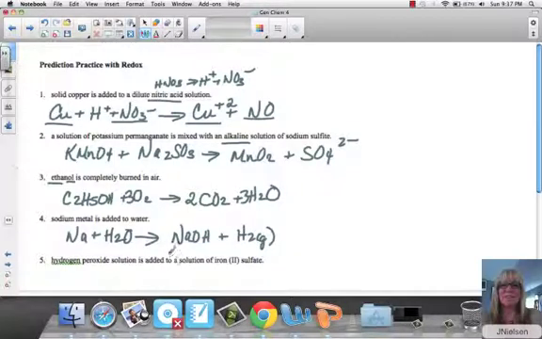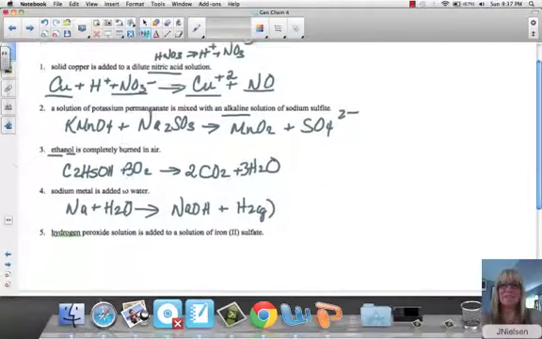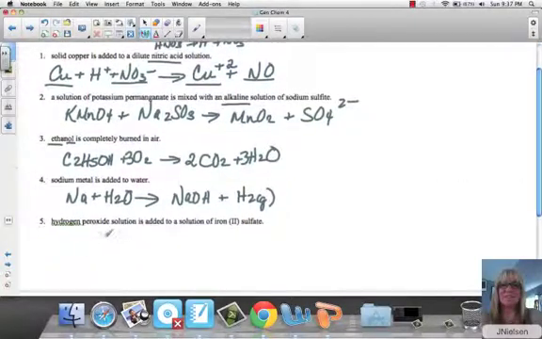And hydrogen peroxide solution added to a solution of iron 2 sulfate. So we've got H2O2 plus FeSO4. There we go. Now, a couple of things are going on here.